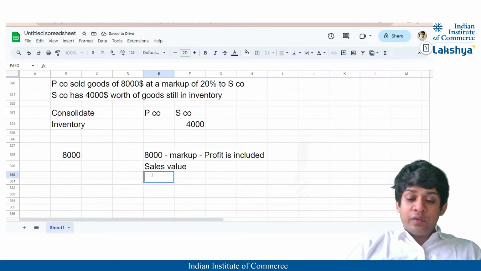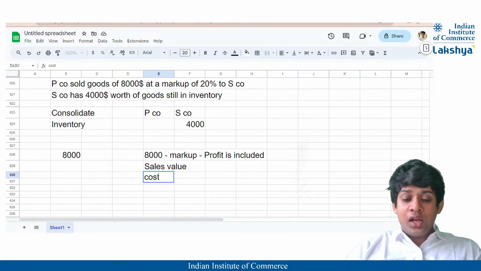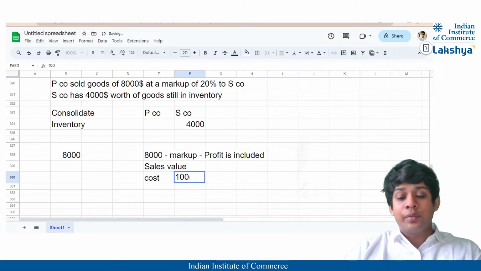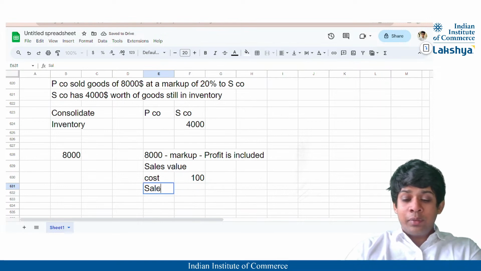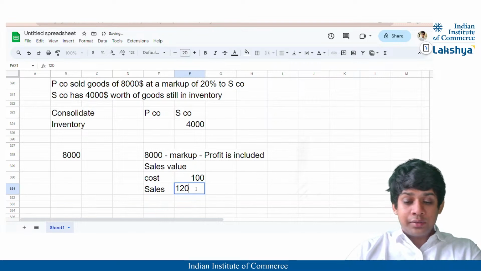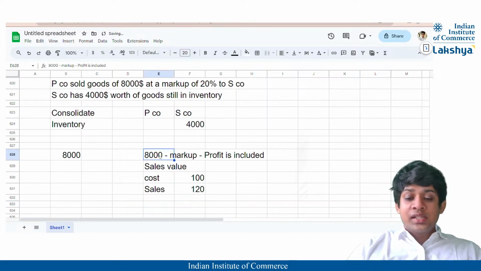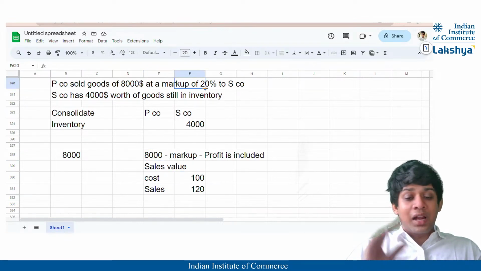Say, if the cost is 100%, then what will the sales value be? The sales value will be 120%, correct? Because sales is made up of the 100% cost of the goods plus the 20% markup on it.